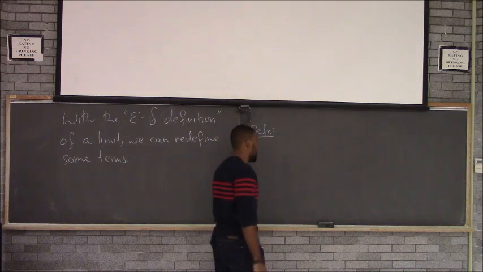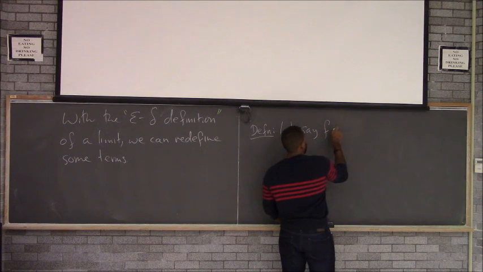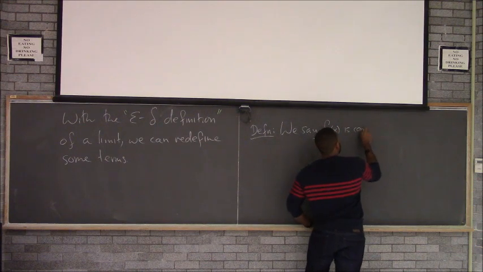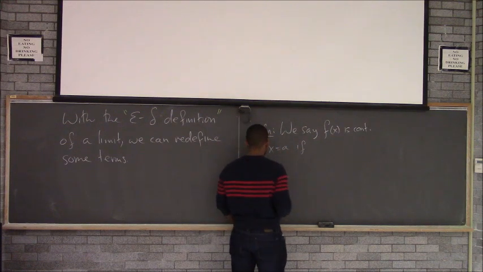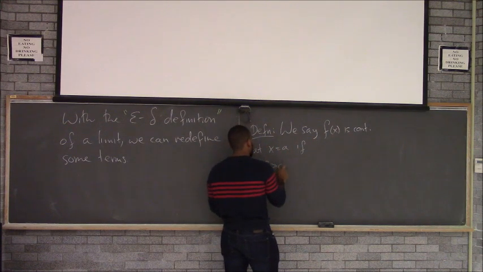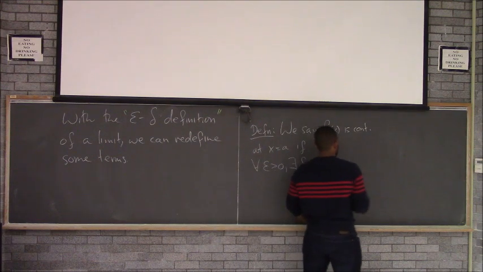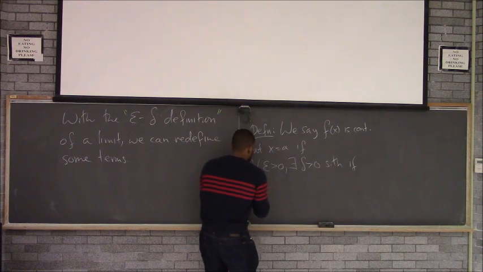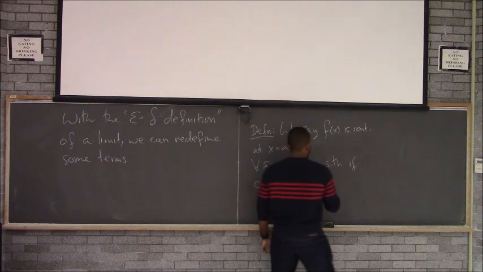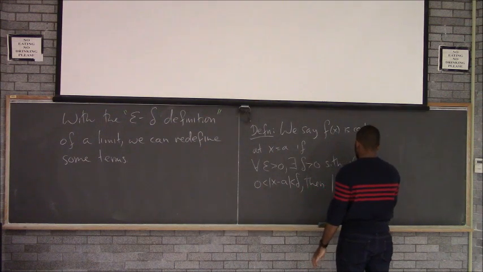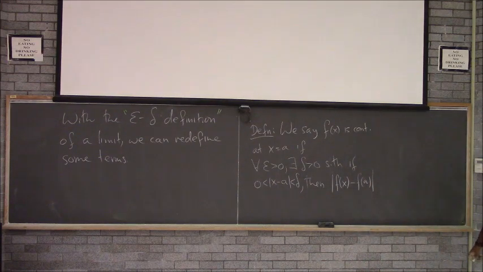For example, I can look at continuity in a different way. We say f of x is continuous at x equals a if for all epsilon greater than 0 there exists a delta greater than 0 such that if your x values get close to a by that delta, then your f of x will get close to f of a, because we know for continuity the limit should be f of a.